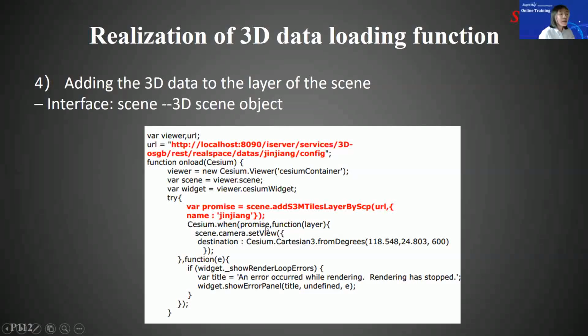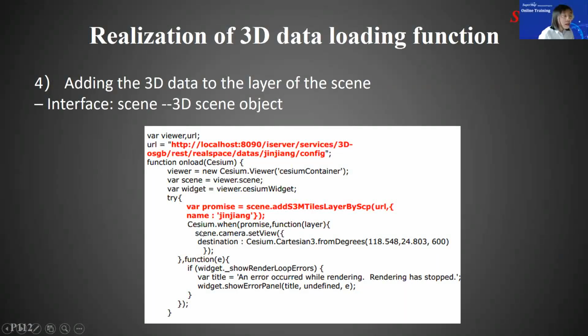That means when we get the data from this URL, we will do the following operations in this function, and the layer means the one we added through this URL.